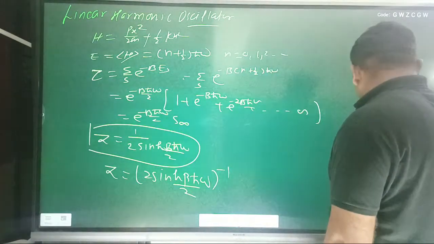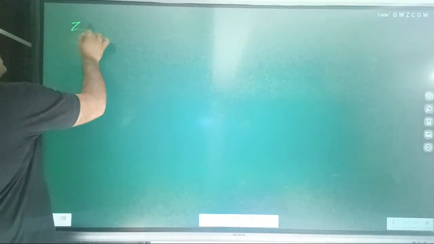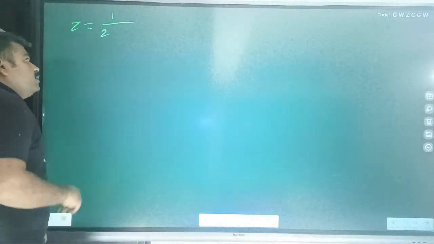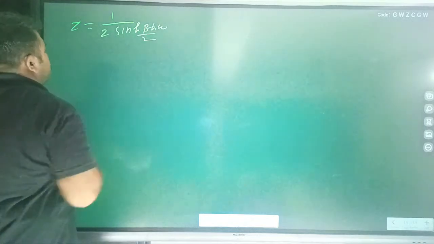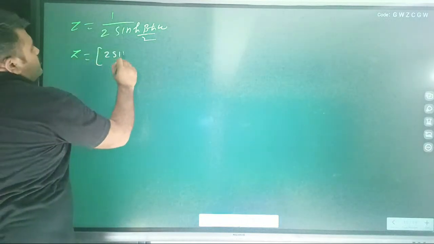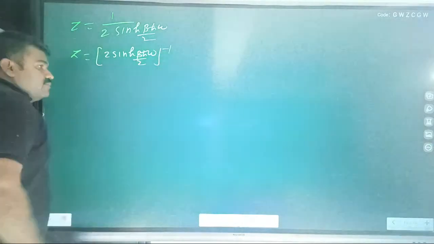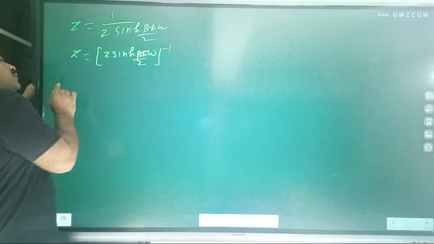Z is equal to 1/2 sin hyperbolic beta h cross omega upon 2. Okay, this is the Z value, or we can replace it with 2 times sin hyperbolic (beta h cross omega upon 2) bracket to the power -1. Once you get Z, we can find out the F value.